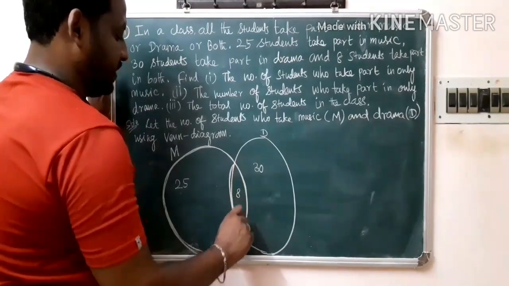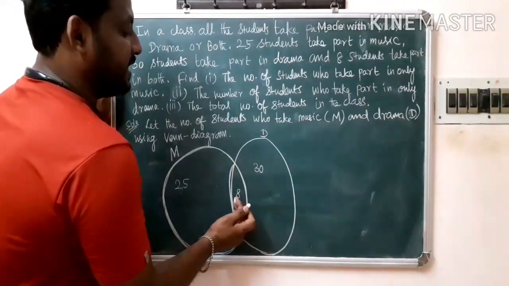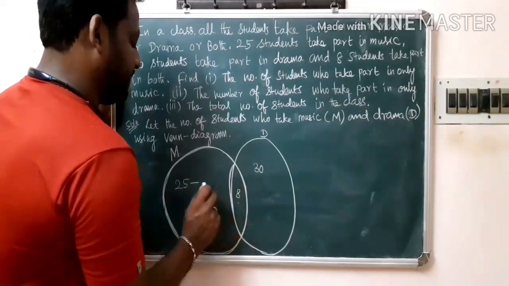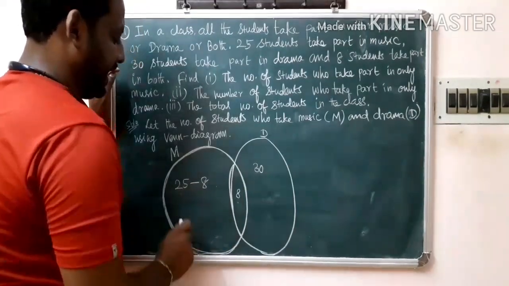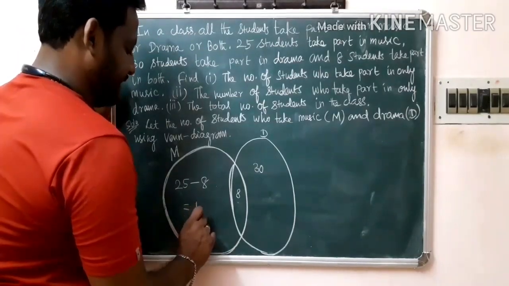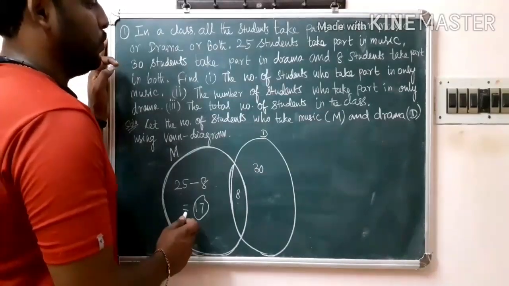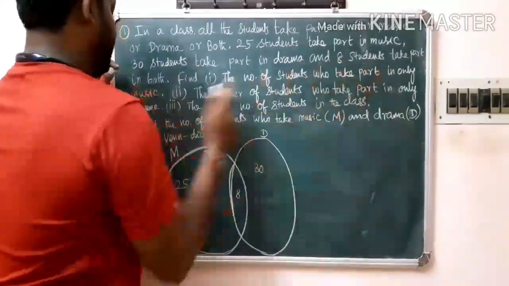We have to find out this part alone. That means we have to subtract the common element, the intersection part, which is 8. So 25 minus 8 is equal to 17. That means 17 students take part only in music.